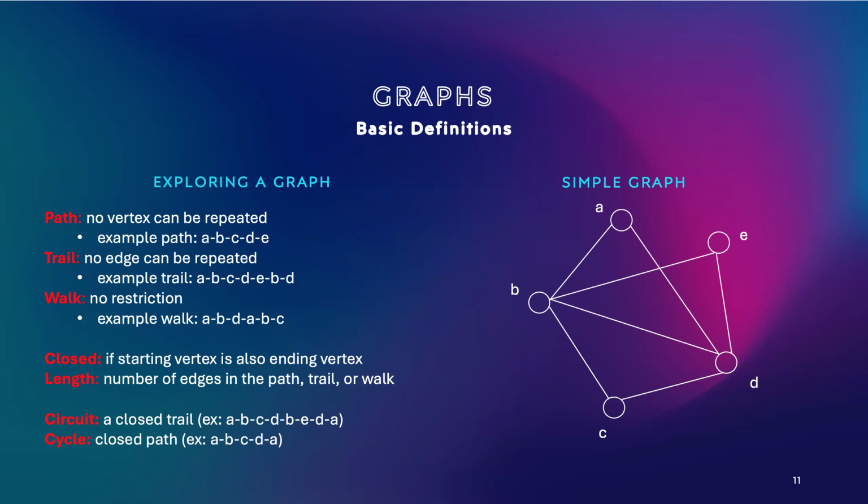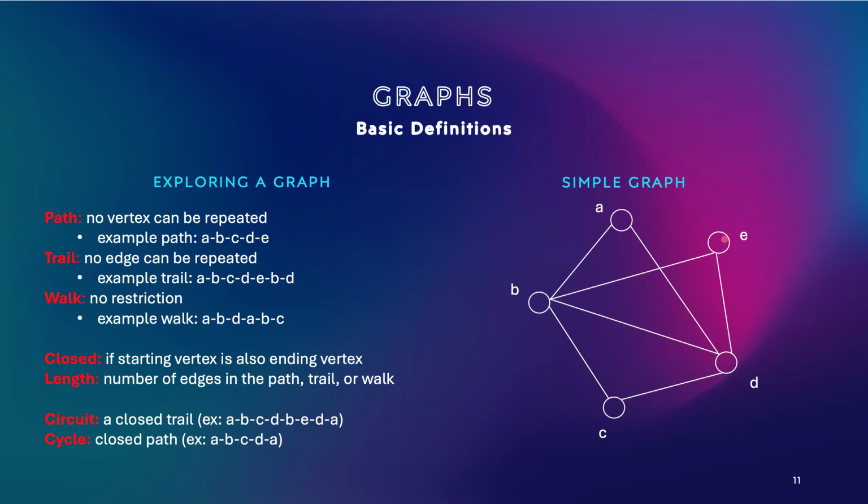A path from a vertex U to a vertex V in a graph G is a sequence of vertices where no vertex can be repeated. So we have an example here: A, B, C, D, E. This is a path.